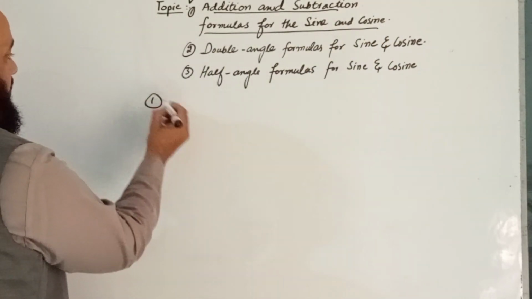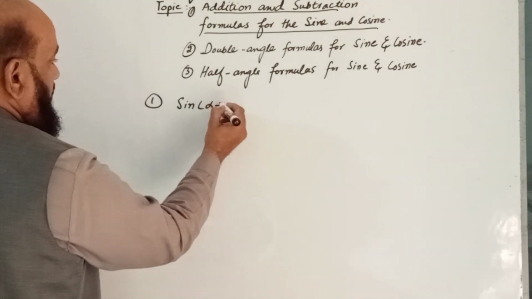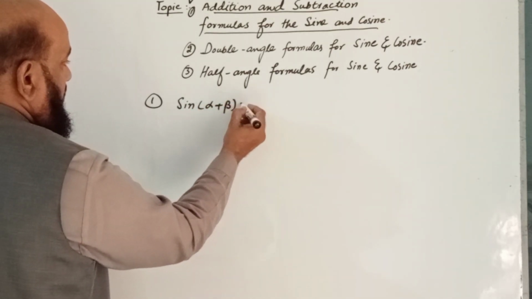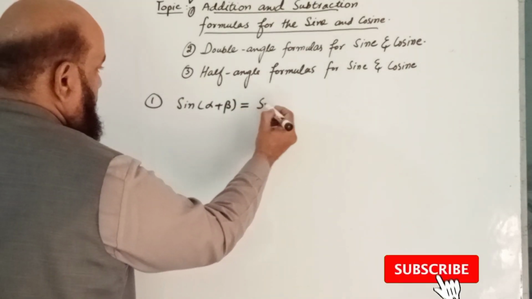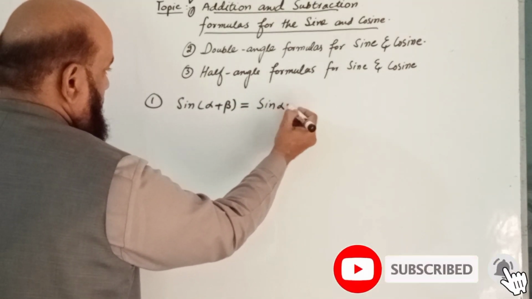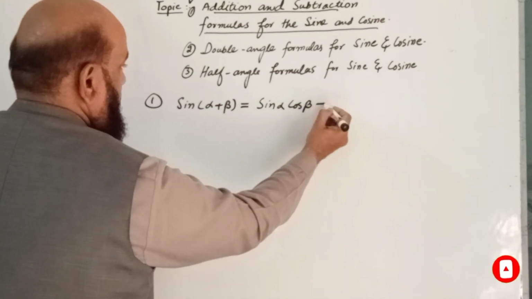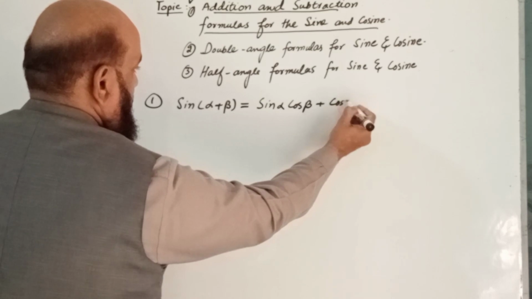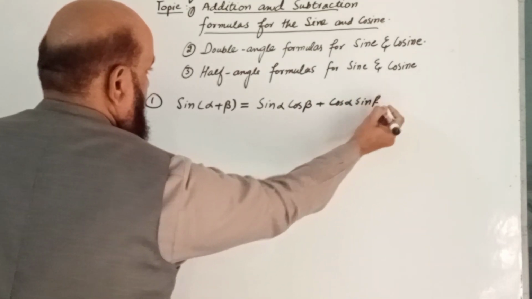Look here, sine of alpha plus beta gives sine alpha cos beta plus cos alpha sine beta.